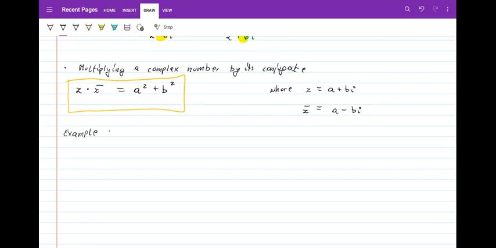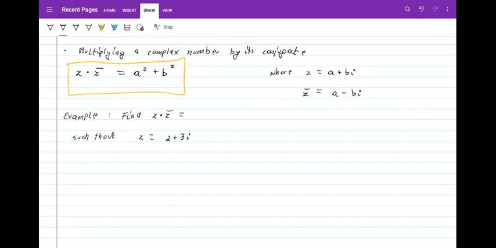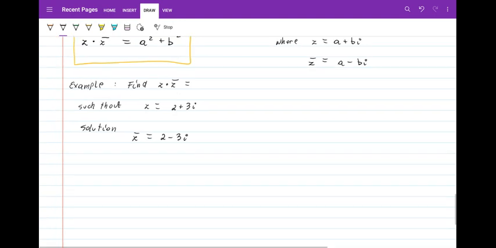Find z times z dash, which is complex times conjugate, such that z equals 2 plus 3i. So we have a complex number, and I need to multiply it by its conjugate. The conjugate will be 2 minus 3i.